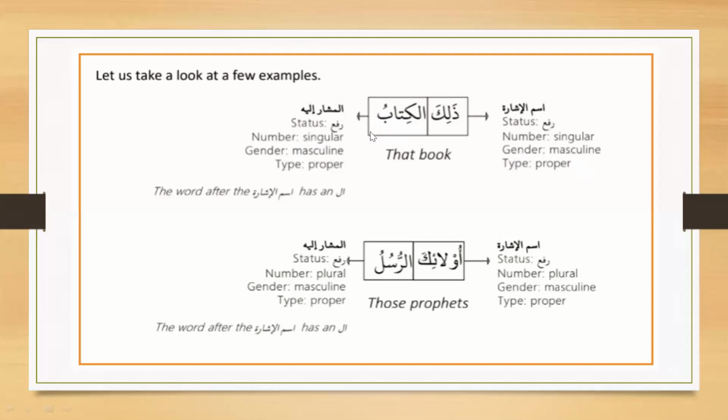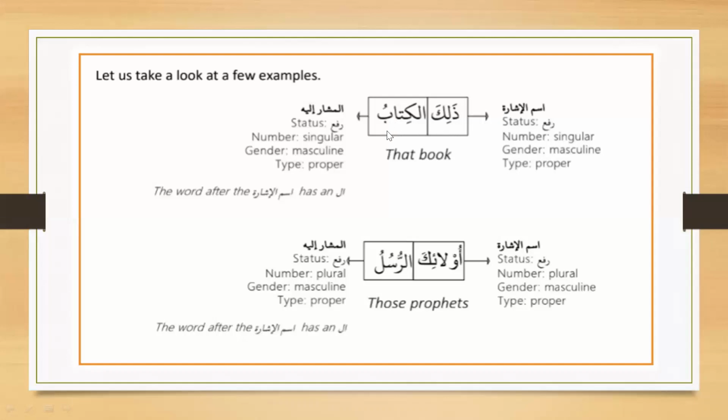For gender, for any word, we need to see whether it comes under any of the feminine types. If it's feminine, then it's feminine. If it's not feminine, then we call it masculine. So we don't see ta marbuta or alif maksura or alif mamduda, and al-kitabu is also not among those types, because the Arabs said so.